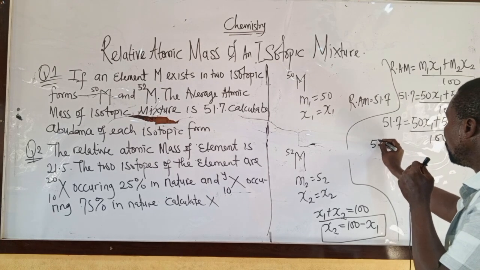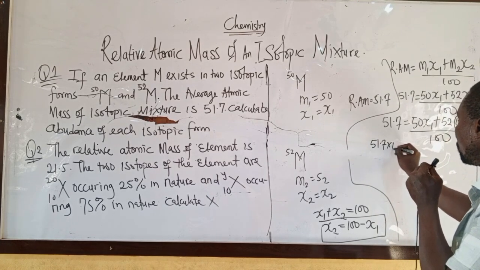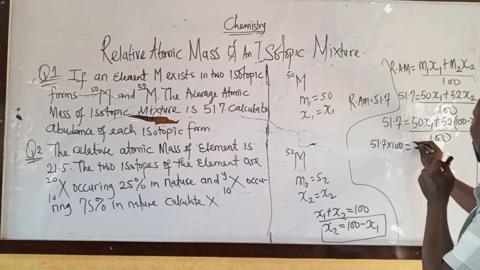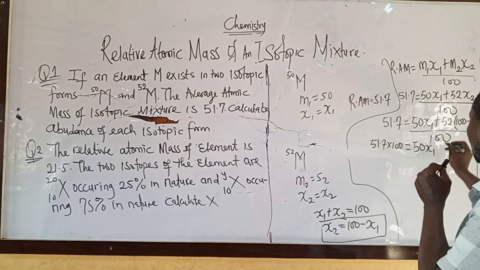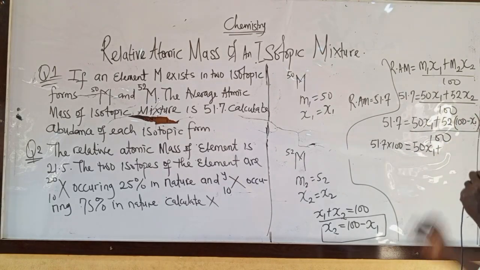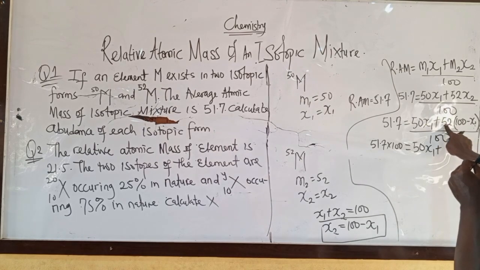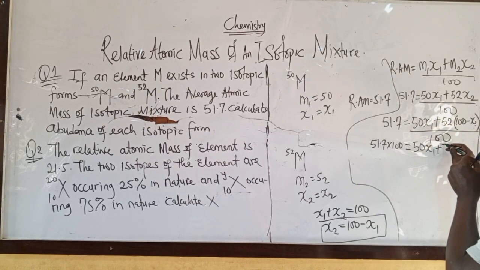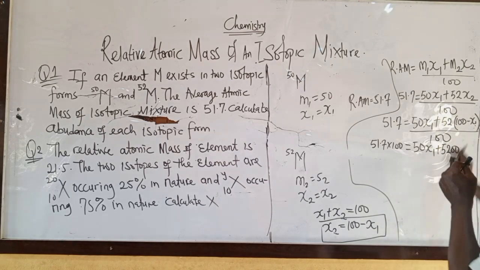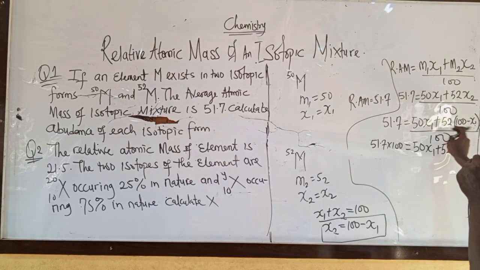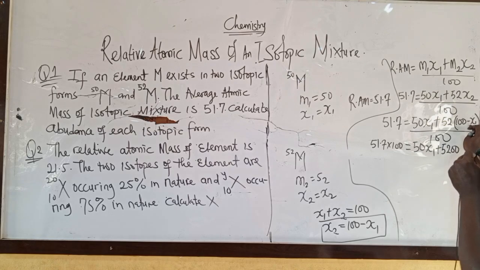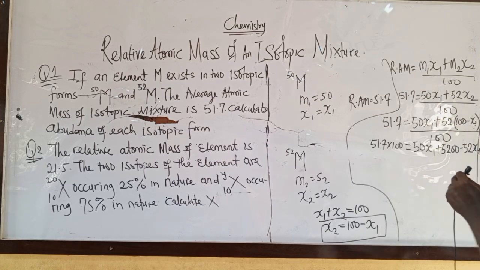You have 51.7 times 100 equal to 50x1 plus, expand this bracket. Open the bracket. 52 times 100 will give you 5,200. 52 times minus x1 will give you minus 52x1.